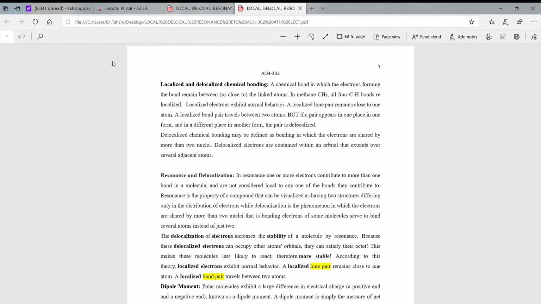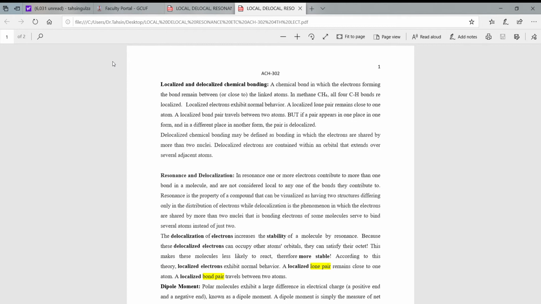So if you take an example of methane gas, CH4, there are 4 bond pairs between carbon and hydrogen. When you take an example of hydrochloric acid, there is only one bond pair between hydrogen and chloro group.